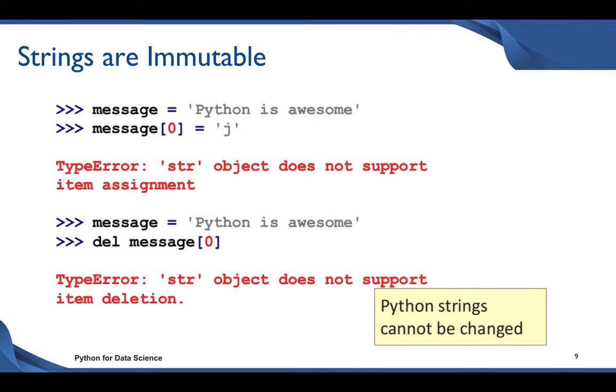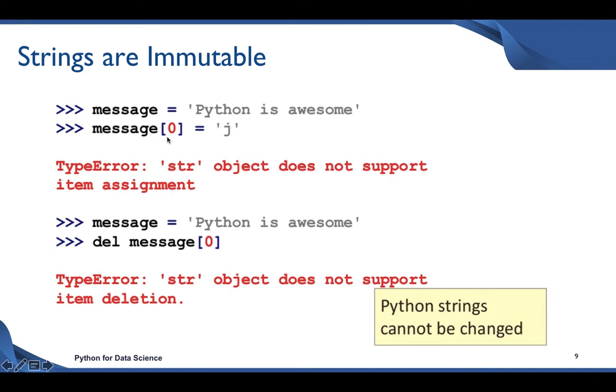Now we'll see strings are immutable. This immutability and mutability concept I've already told you in my previous lectures. So what is mutable? Mutable is something which can change itself. Here on your screen you can see there is a message, a variable which holds a string value, that is Python is awesome.